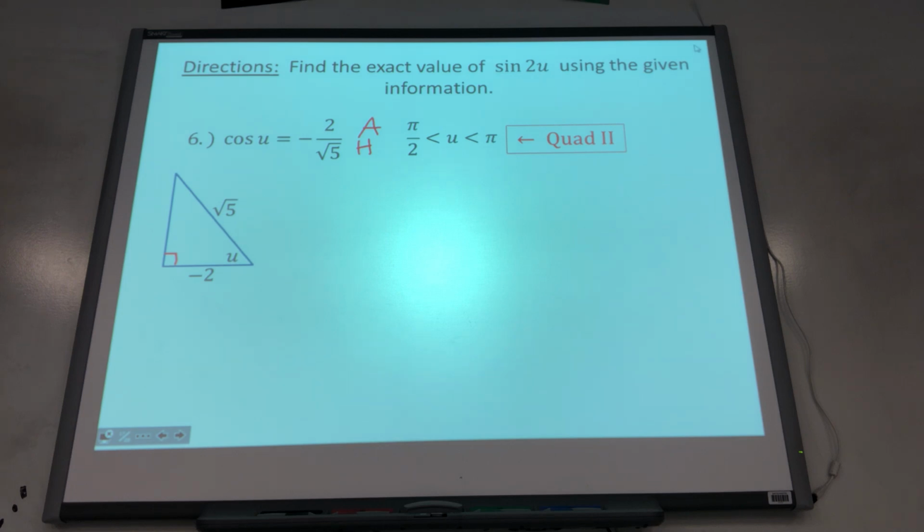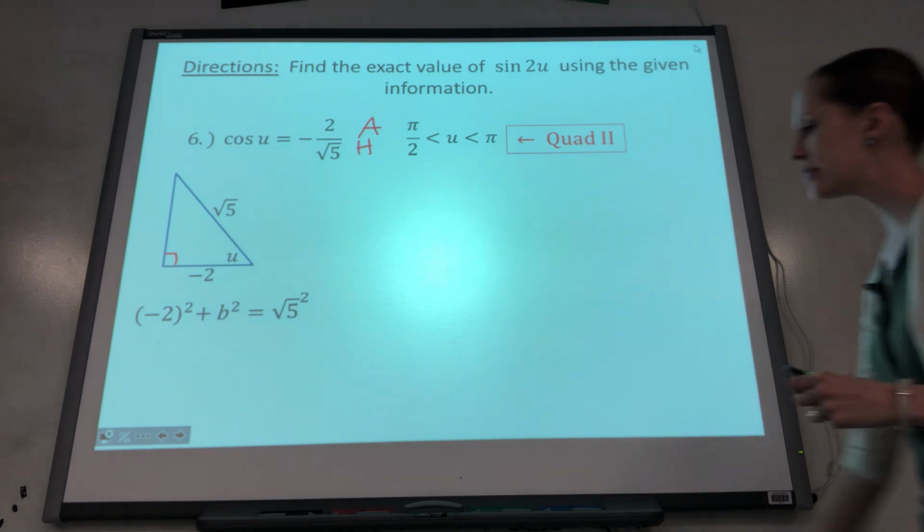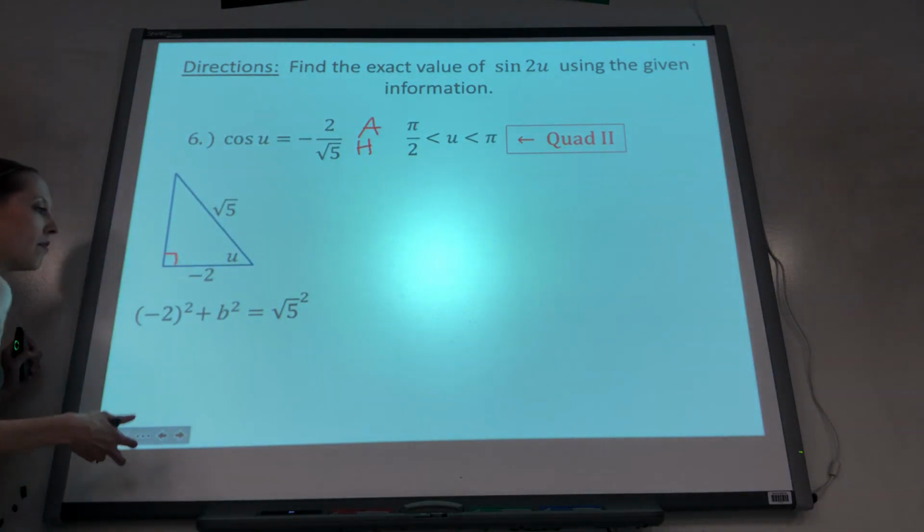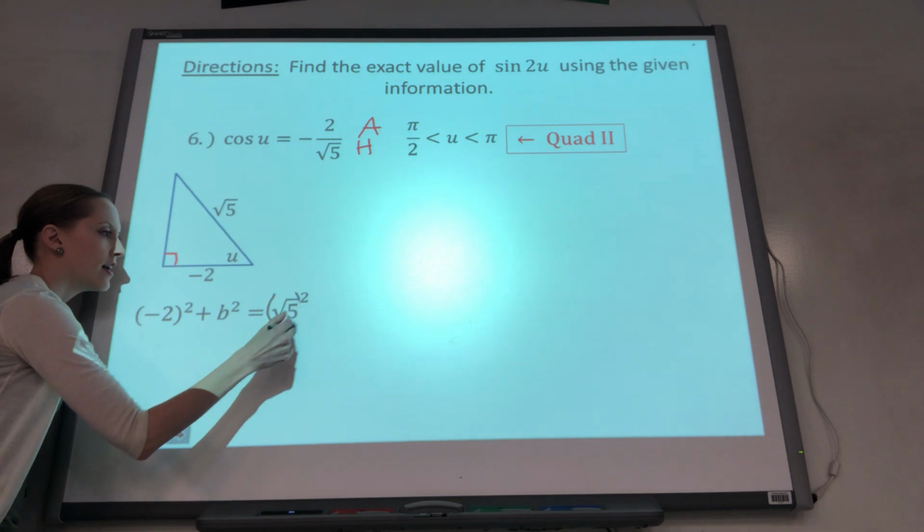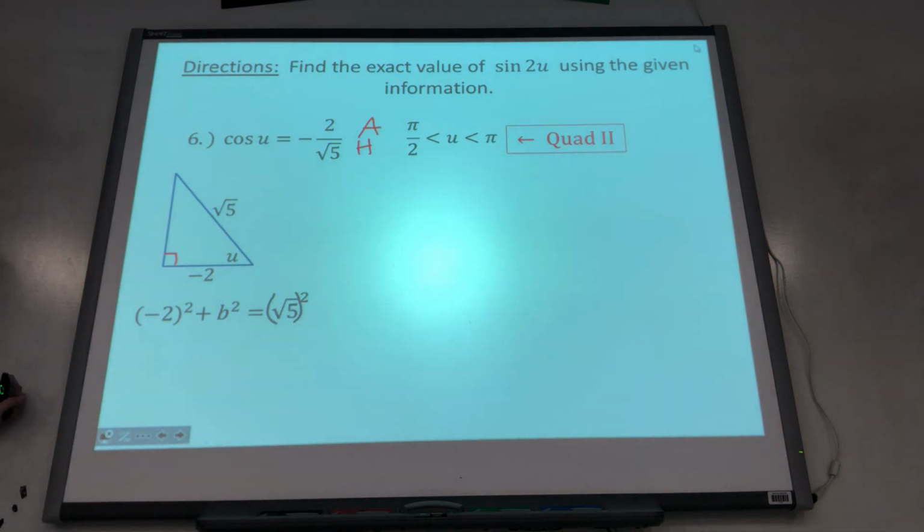And I'll probably go ahead and do the Pythagorean theorem real quick to figure out what that missing side is. Okie doke. It's got -2 squared plus b squared equals square root of 5 squared. Now what happens when you square a negative?